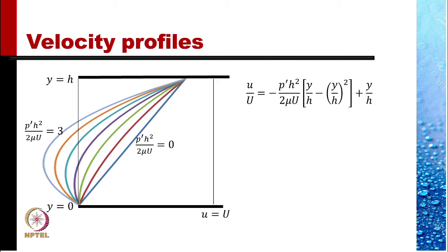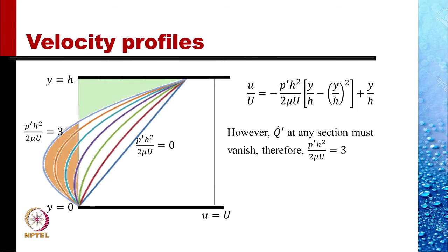The volume flow rate positive and the volume flow rate negative, they cancel out. So Q dot prime at any section must vanish, and this vanishes only when the value of that parameter is 3. The green area is exactly equal to the brown area and the net flow is 0.